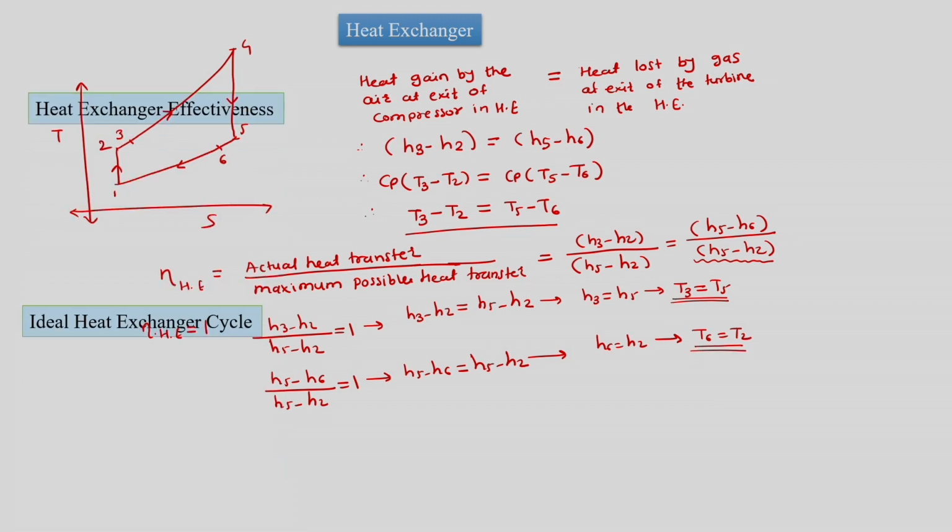So we can write down the ideal heat exchanger cycle as this TS diagram, and in that ideal heat exchanger cycle we will have like this 1 to 2 and 2 to 3, but T3 is equal to T5, and 5 to 6, but 6 is equal to 2.